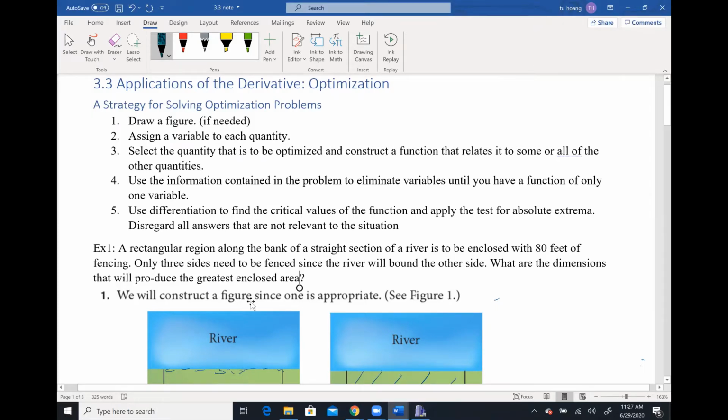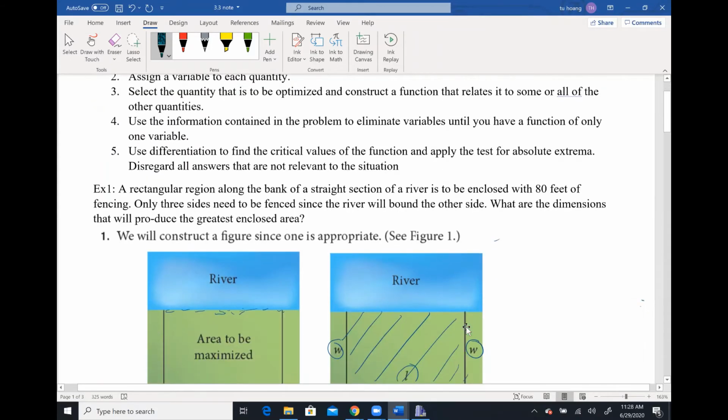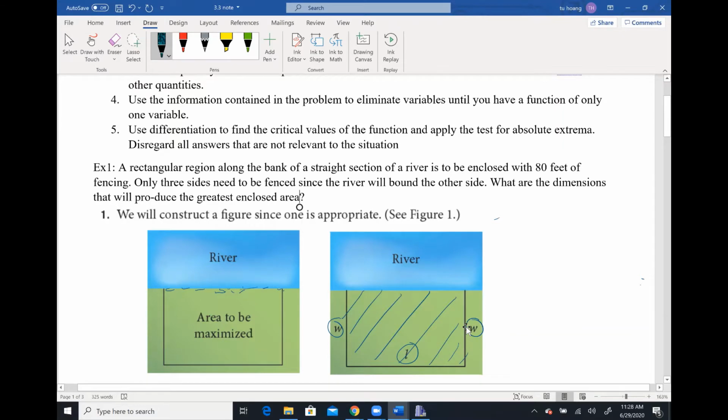So I will construct a figure, and you're going to see under here I did construct it. I have all the fence, right? I'm enclosing with 80 feet of fencing. So what does that mean?